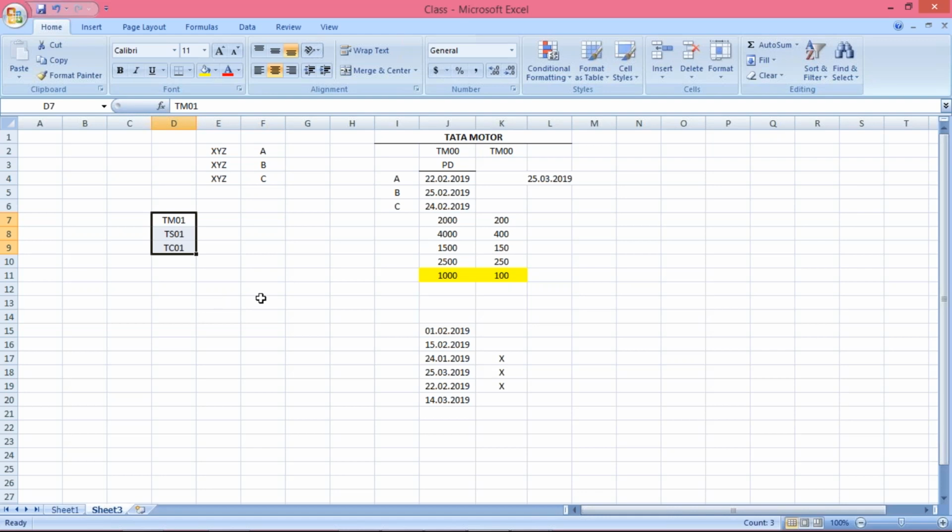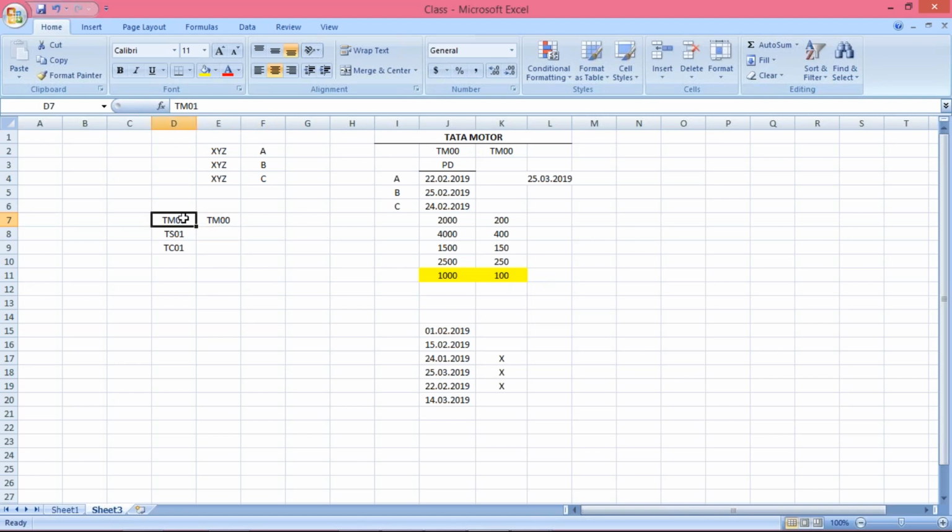Now just listen here. I have created one posting period variant, that is TM00, and we have assigned it with Tata Motor.